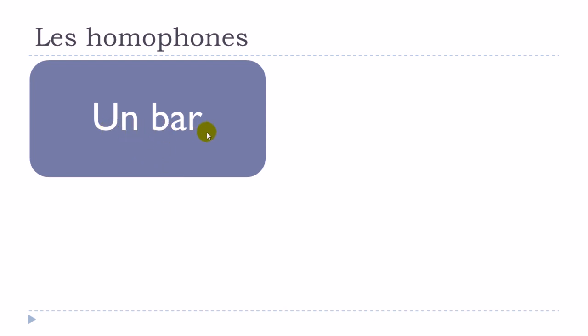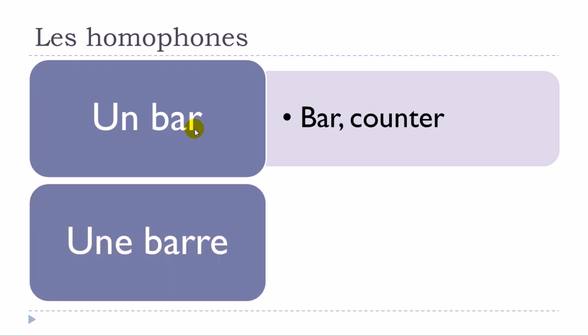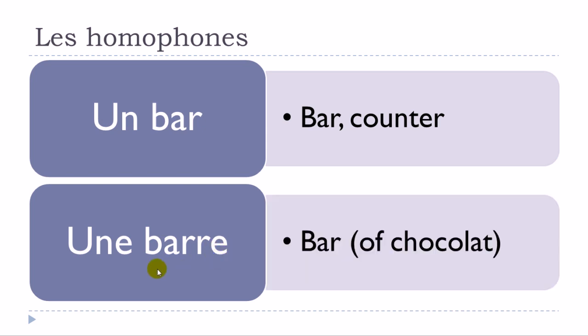Un bar. Un bar. And then une barre. Okay, so you can hear that it's exactly the same way that you pronounce, but then you get r, and then e. Okay, une barre.